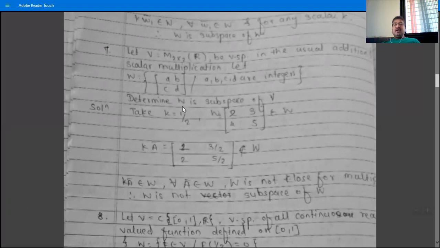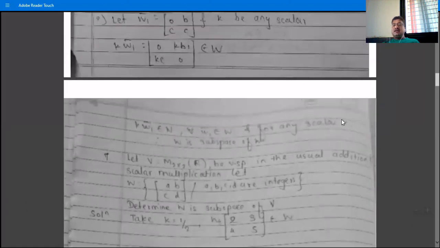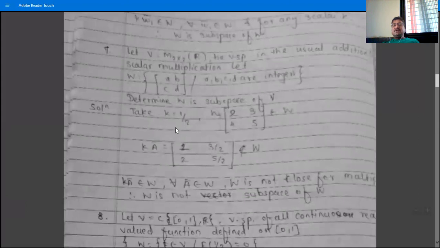So don't take K as an integer. Take K as a scalar, meaning any number. K is a scalar means K is a real number, and it may be a fractional number.